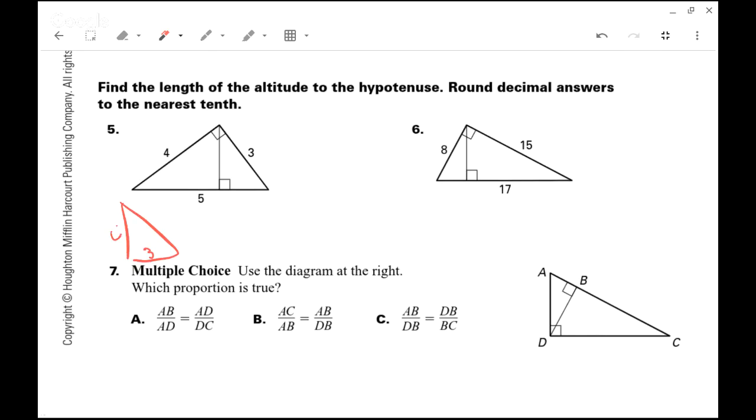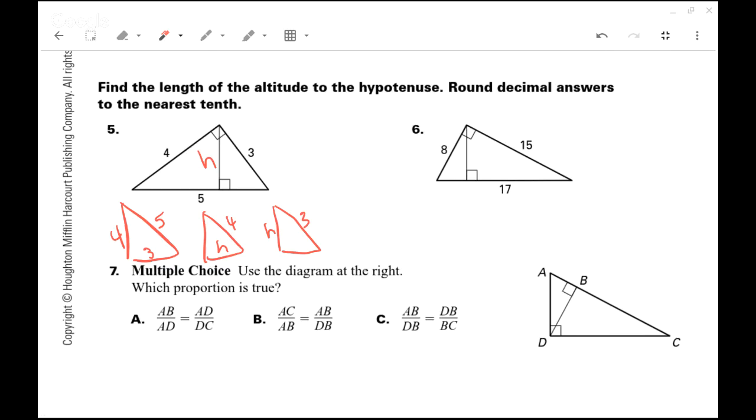We have 3, 4, 5 of the big triangle. And then if we look at our medium triangle, we have 4. And then for the little triangle, we have 3 for the hypotenuse. We're looking for this one, right? So on the little triangle, that would be that side. And on the medium triangle, it would be this side.